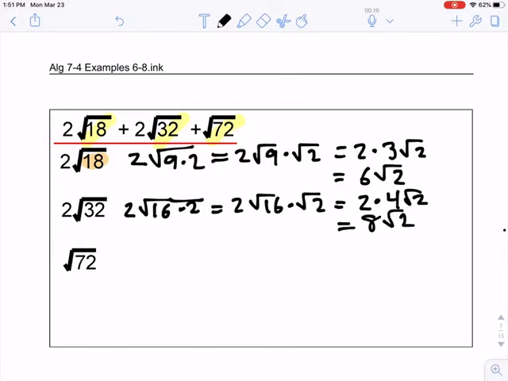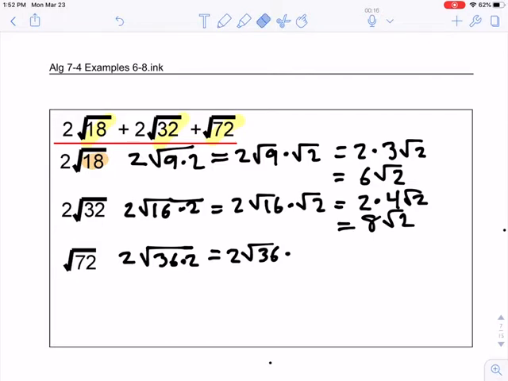And then for the last one, we have 2 times, and then I'm going to break this down to 36 times 2, because the square root of 36 is 6, right? Oops, I made a mistake there.